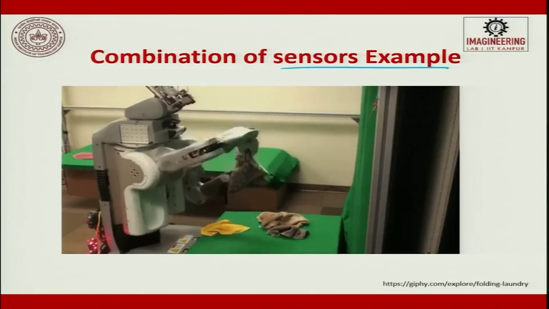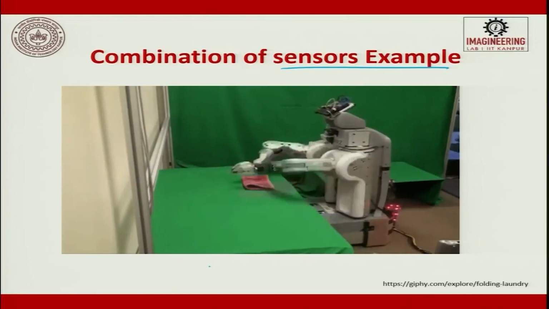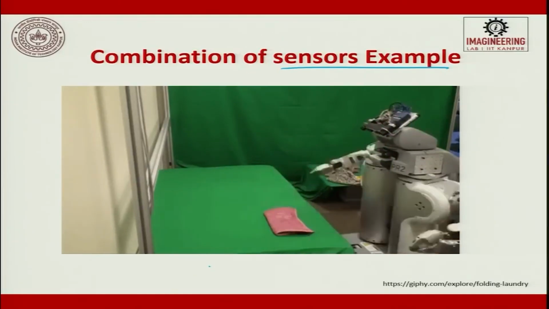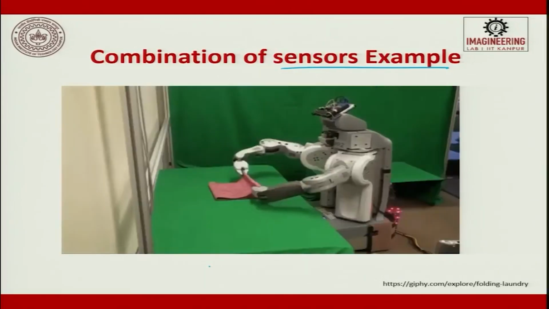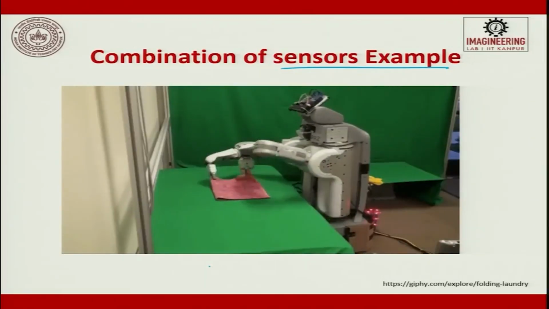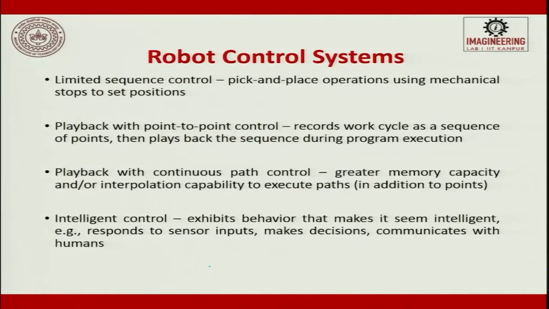Though it is very easy in a manual way, asking a robot to fold a cloth is a big challenge, and it needs sensors to find out weight, color, texture, and then decide what operation to do. So, this is a combination of several sensors used as an example.